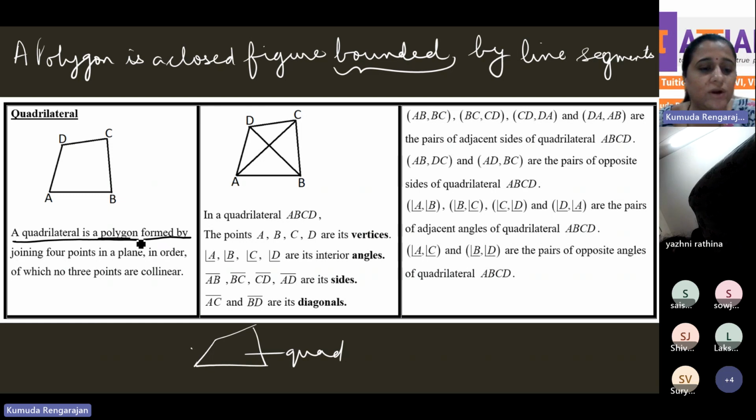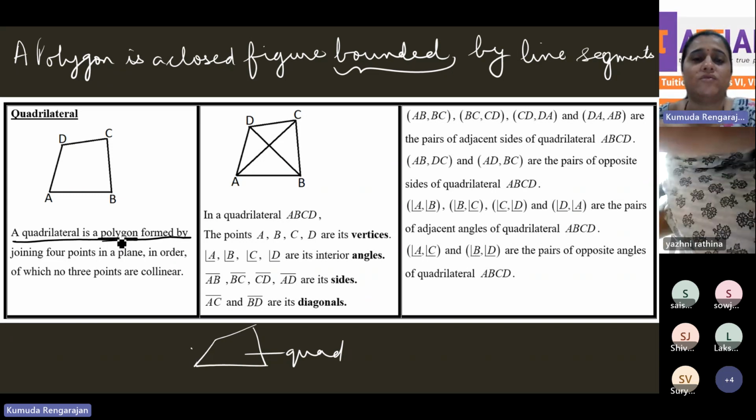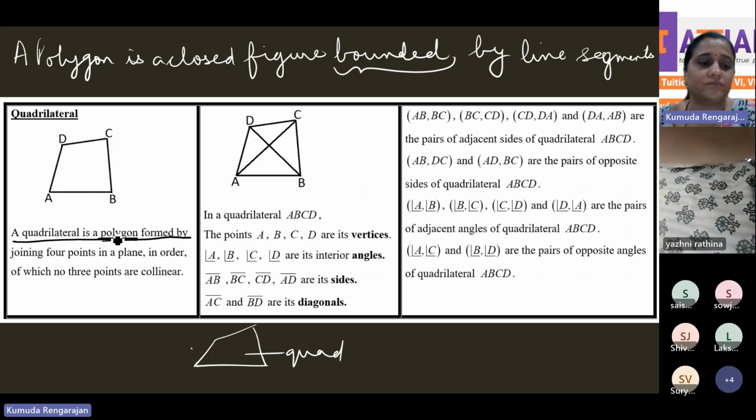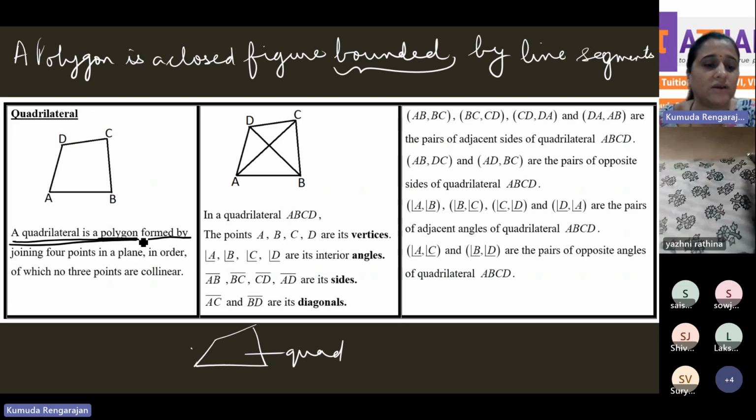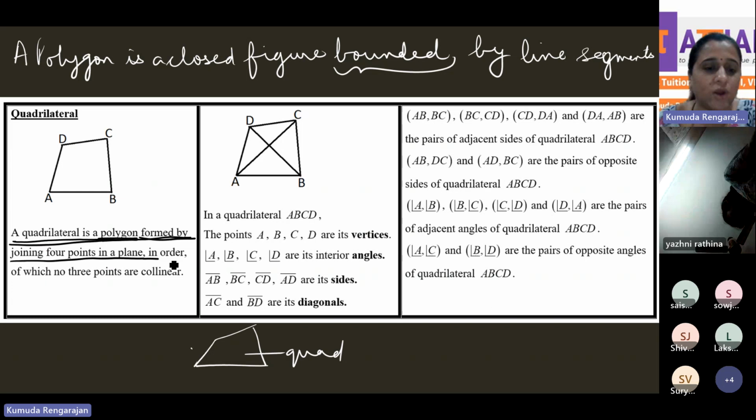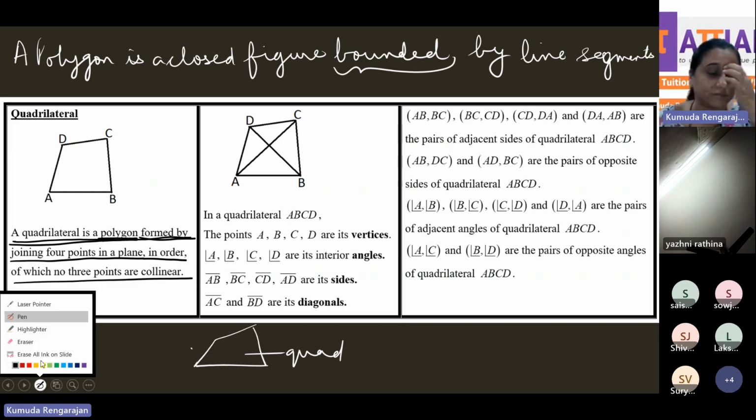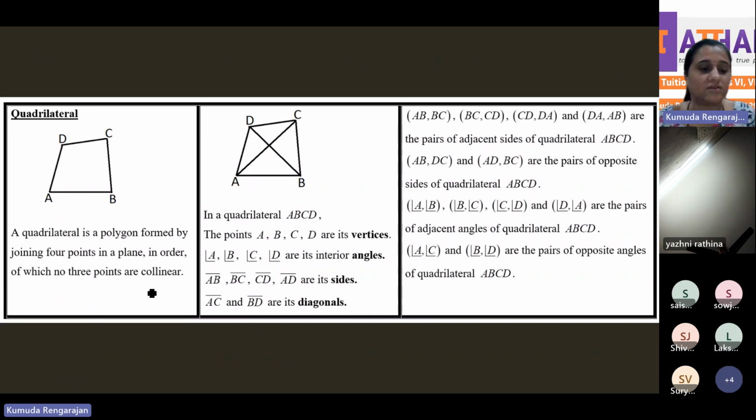So when you read this word polygon, you must understand that it's a closed figure made up of line segments only. So a quadrilateral is a polygon formed by joining 4 points in a plane in order of which no 3 points are collinear. Let's understand what this means.